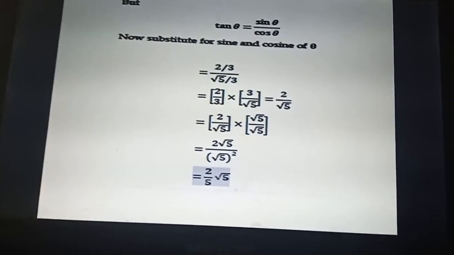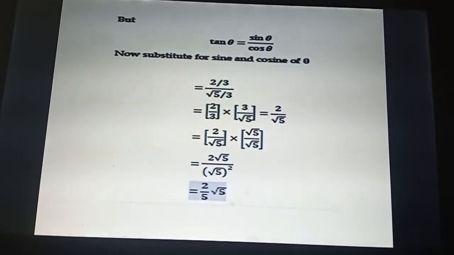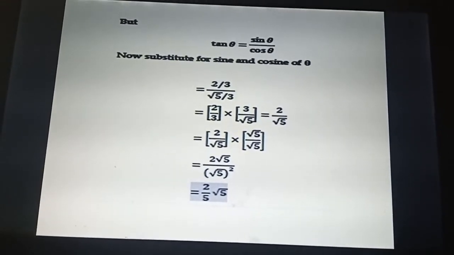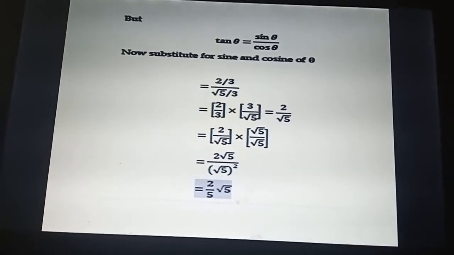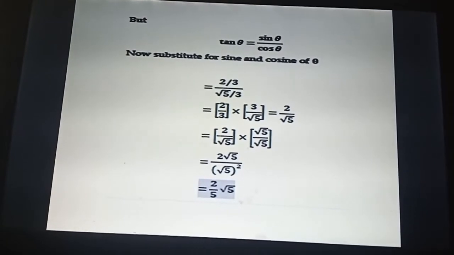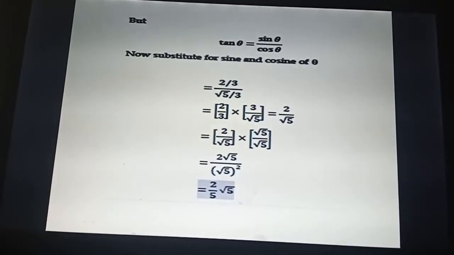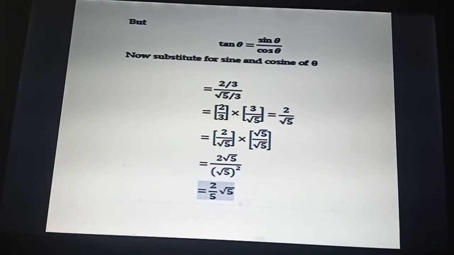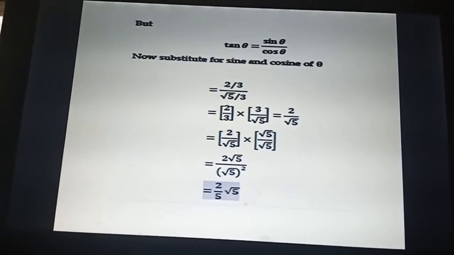But look here. Say tan theta is equal to sine theta all over cos theta. Also, this one is an identity of trigonometry. I know that you have some knowledge on this trigonometry in your previous classes, so I think there is no need to go back again.